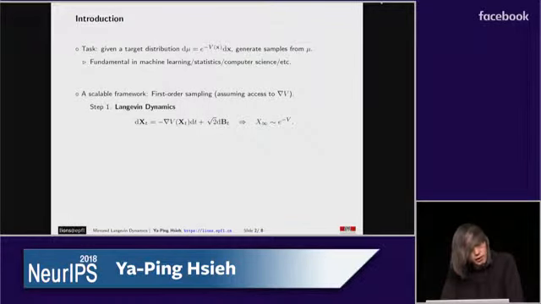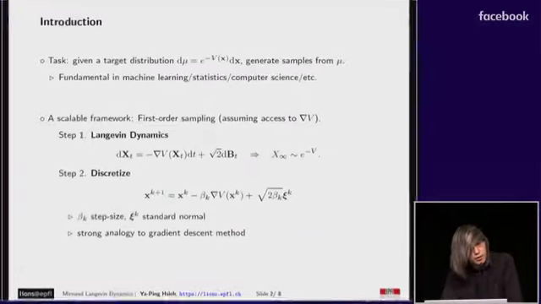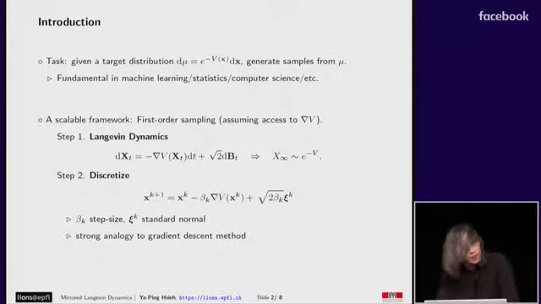The idea is that you first set up a continuous time stochastic differential equation whose stationary distribution is precisely your target. And then you can try to simulate this continuous time dynamics by just discretizing it. And by doing so, you would acquire a very simple algorithm that looks like gradient descent plus some Gaussian noise.